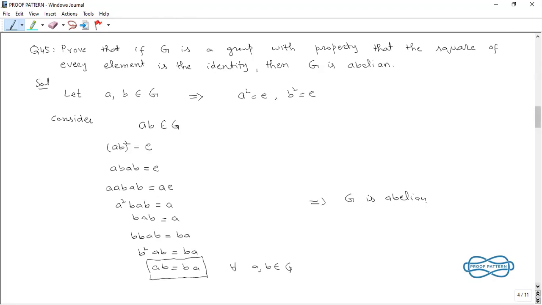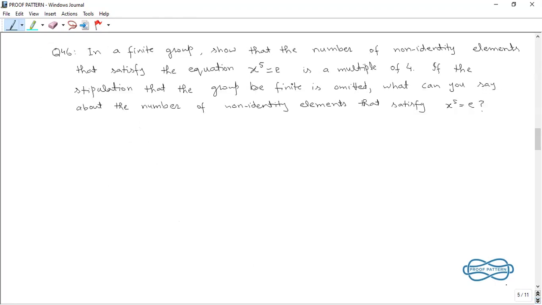Okay, we move to the next question, question number 46. The statement is that in a finite group, show that the number of non-identity elements that satisfy the equation x to the power 5 equals identity is a multiple of 4.